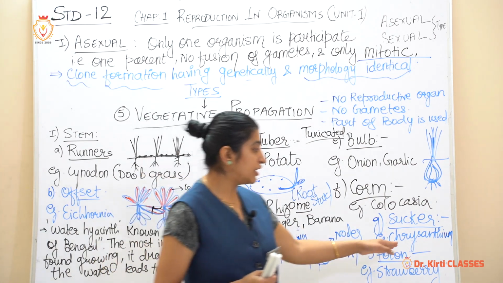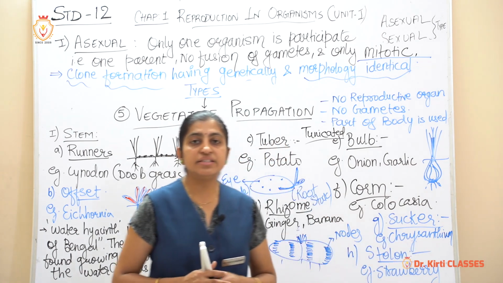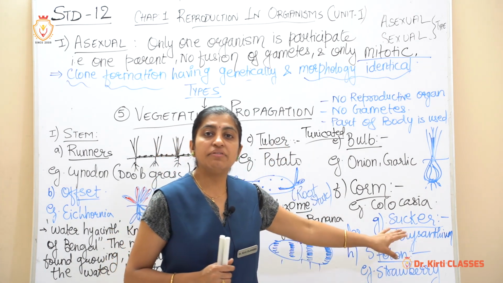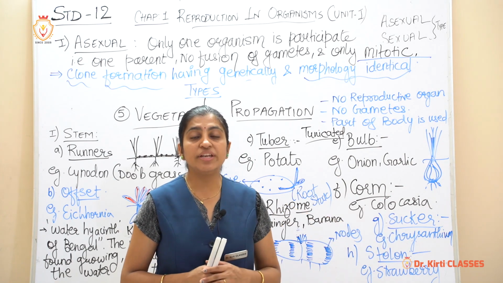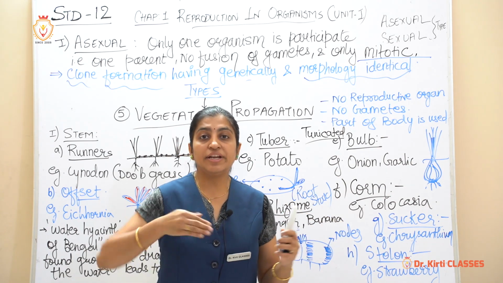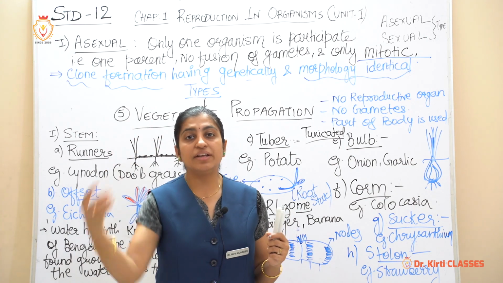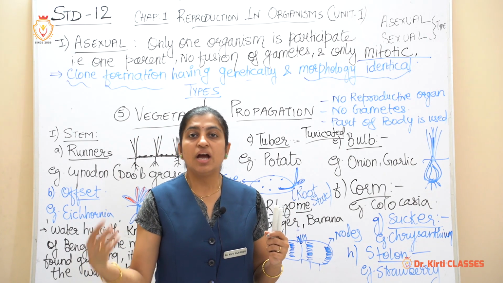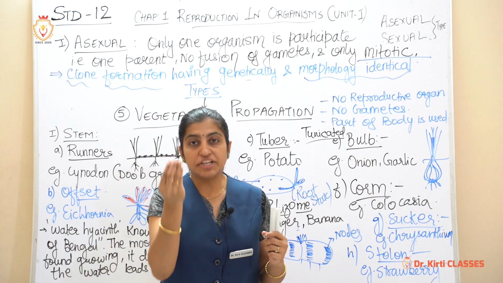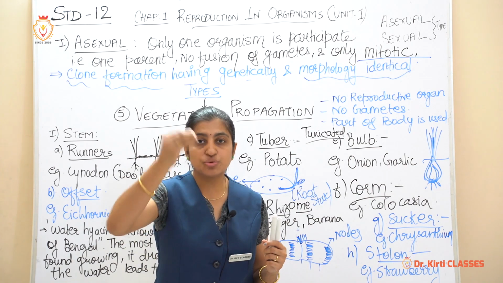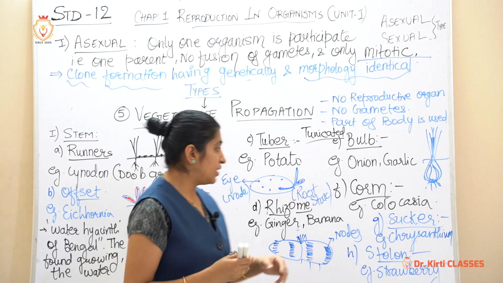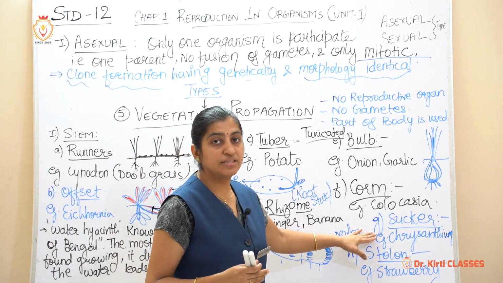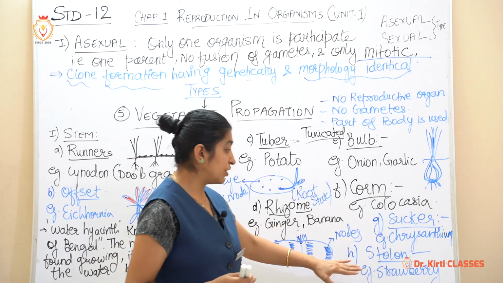Example is chrysanthemum. It has a stem which lies very close to the ground. It curls whenever it touches the soil under favorable conditions, and starts growing adventitious roots. From the adventitious roots a new plant grows. That is a part of sucker, a part of vegetative propagation.